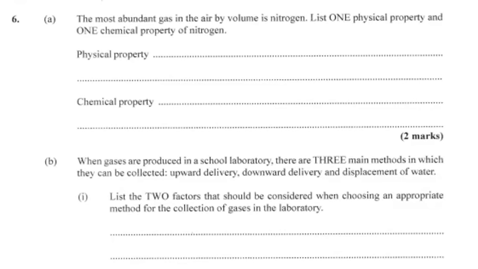So what do we know about nitrogen? N2. Now we know it has a triple bond, and that makes it very, very stable. But as it relates to physical property, we could say it's a gas at room temperature and pressure, a gas at RTP.